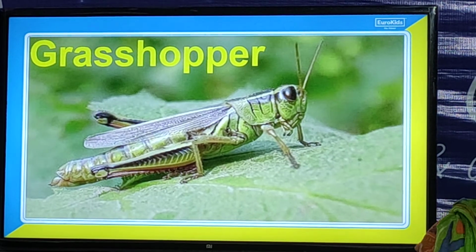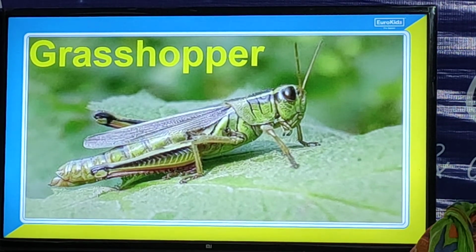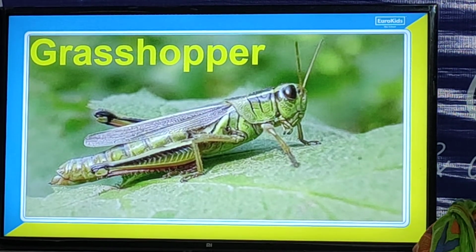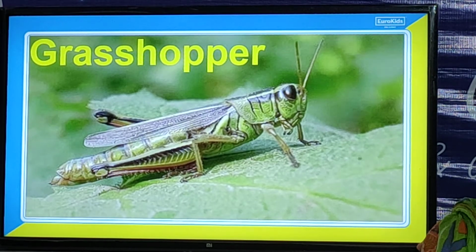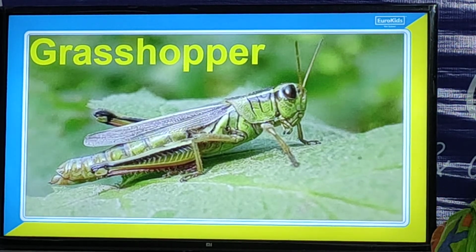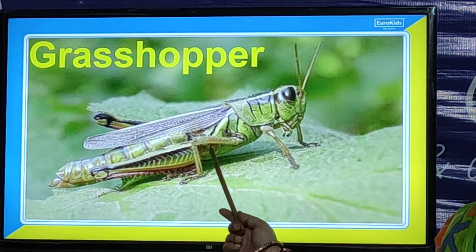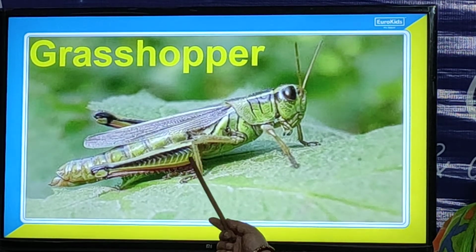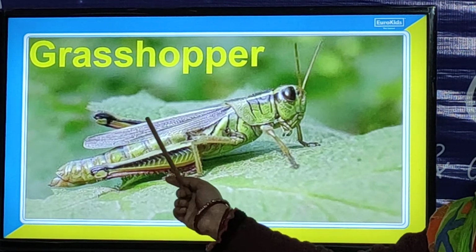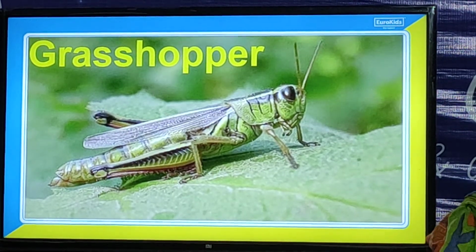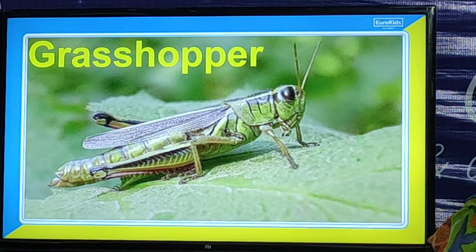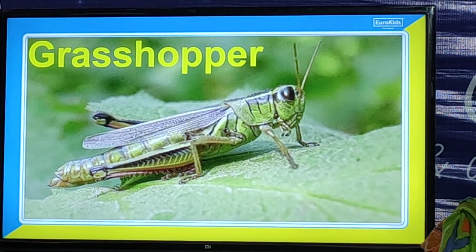And children, a grasshopper is an insect with long, powerful legs behind for jumping. Look here, it has two strong legs on the back side for jumping. So the grasshopper jumps.